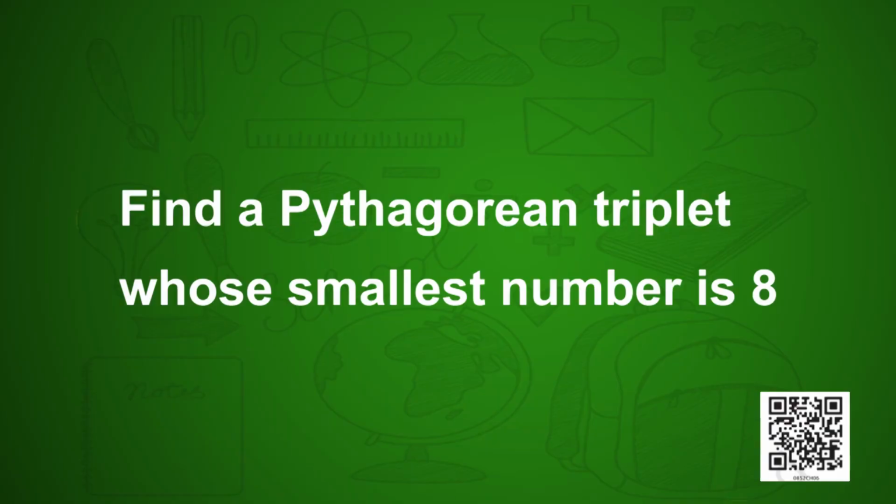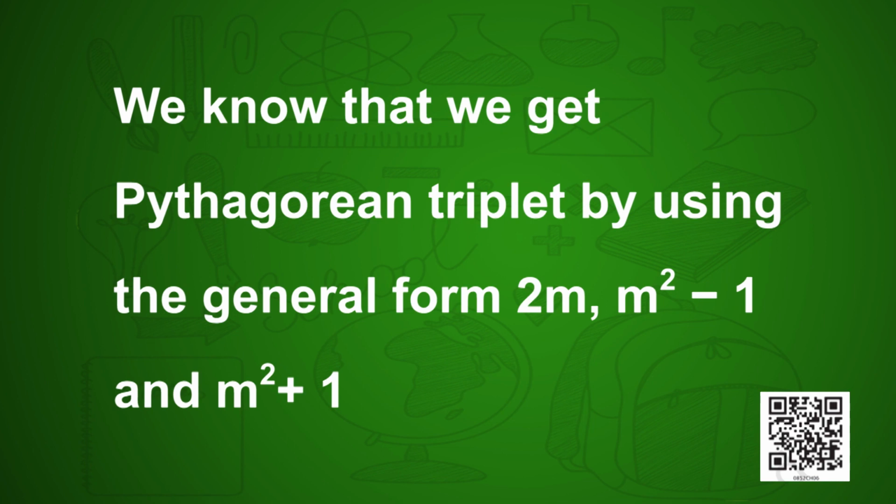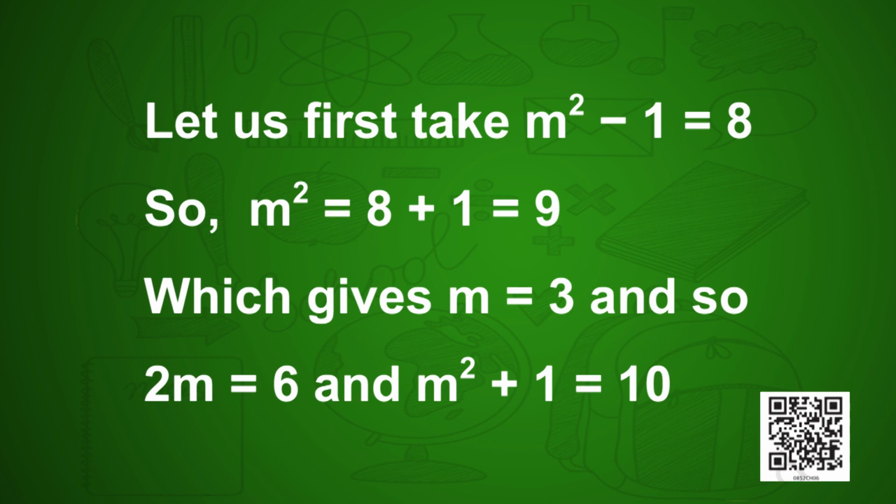The first problem goes like this. Find a Pythagorean triplet whose smallest number is 8. Students, we know that we get a Pythagorean triplet by taking the general form 2m, m square minus 1 and m square plus 1. So firstly, m square minus 1 is equal to 8.